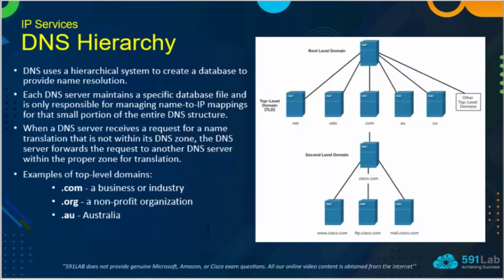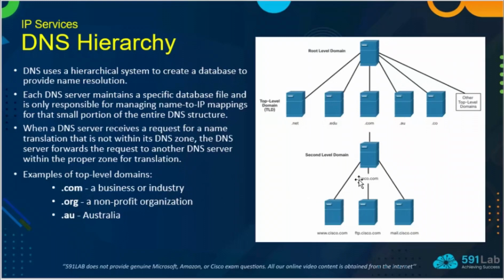Then we have the hierarchical structure of DNS. We have the top level, and then the first and second levels. Our top-level domains are .com, .org, .edu, .uk, you get it.